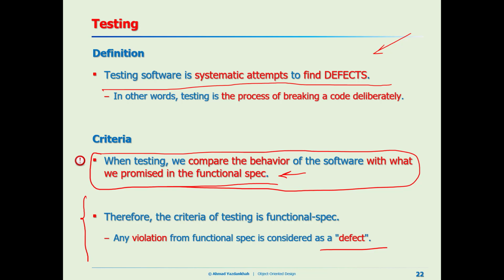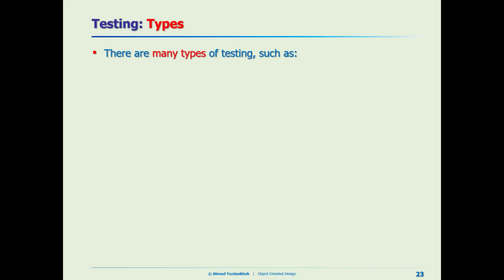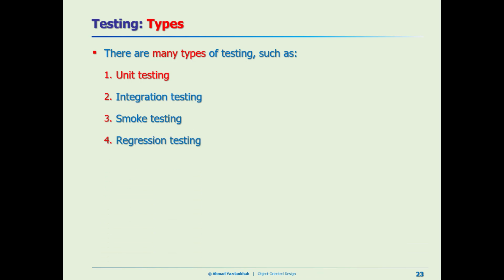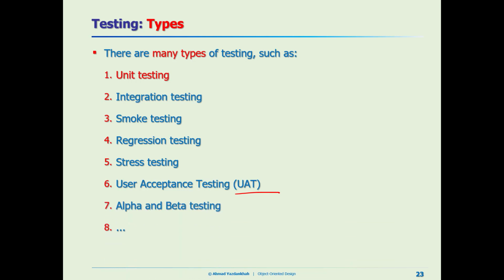So what types of testing do we have? There are a lot. Here are some of them: unit testing, integration testing, smoke testing, regression testing, stress testing, user acceptance testing or UAT, okay, alpha and beta testing, and there are more.